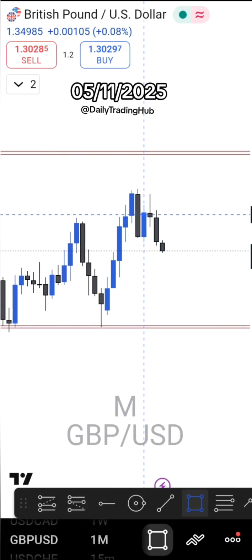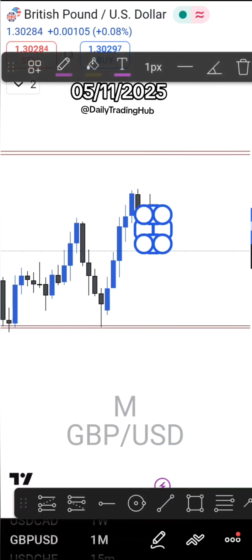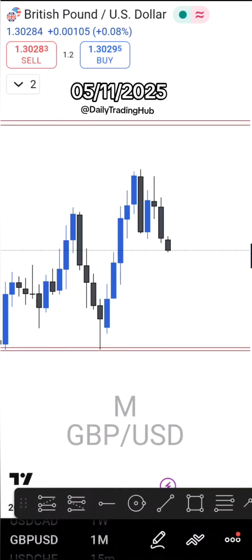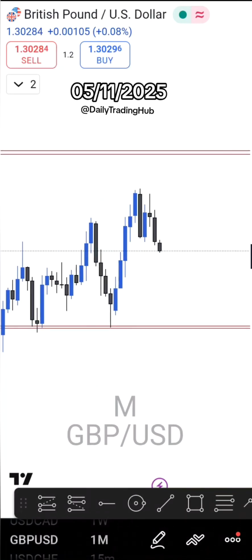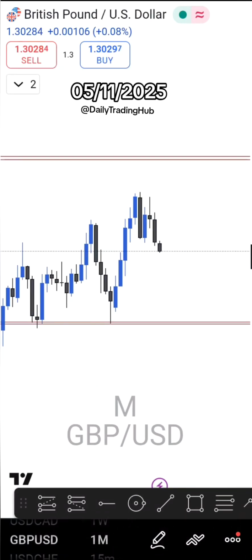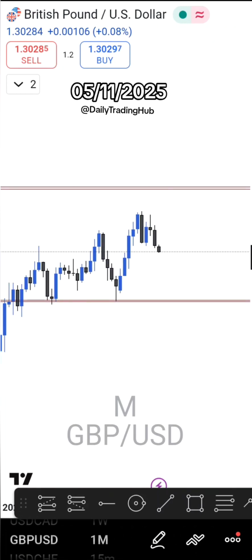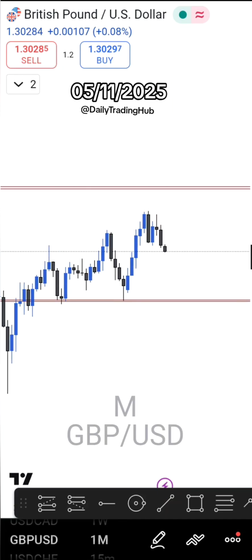Another thing we can also see is this is an evening star, which is another sign of a reversal. You can also see here that the price is coming all the way to the downside. It wants to do a pullback to the downside. So that is how I'm looking for a sell on GBPUSD.